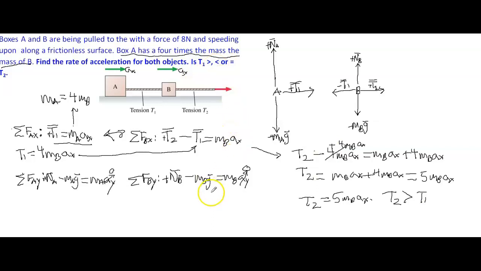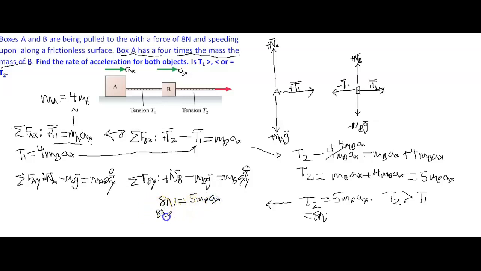And if we want to go ahead and use this to get the acceleration, well, if T2 is equal to 8 newtons, as stated in the problem, well, then what we have is 8 newtons is equal to 5 mass b times the acceleration.